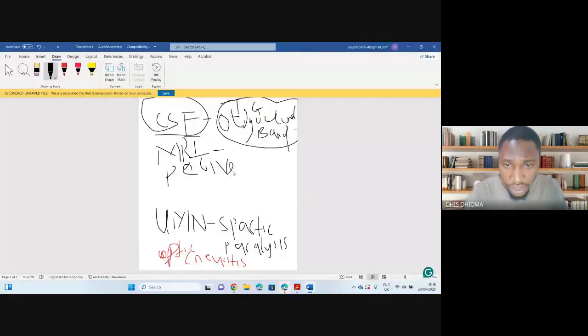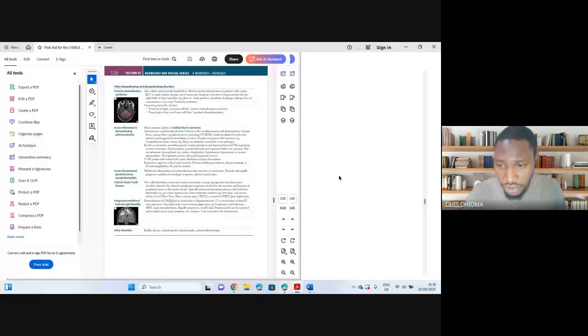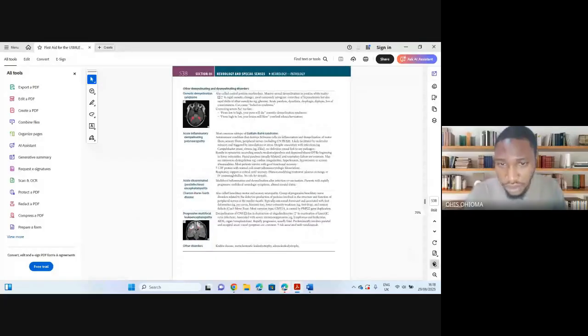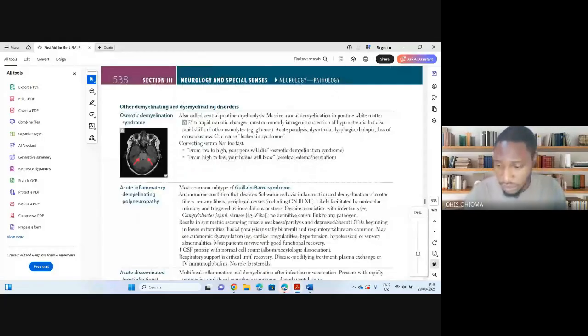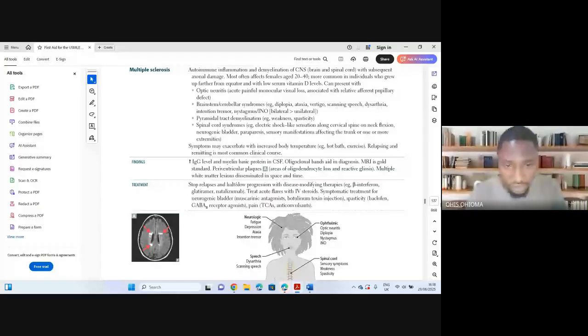Periventricular plaques. So these are like, how will I put it? These are like inflammatory, degenerative products of the white matter. So basically, let me show you the slide so that you can see this, right? Okay. So basically, this is what you're going to see on the MRI scan of a patient with multiple sclerosis.